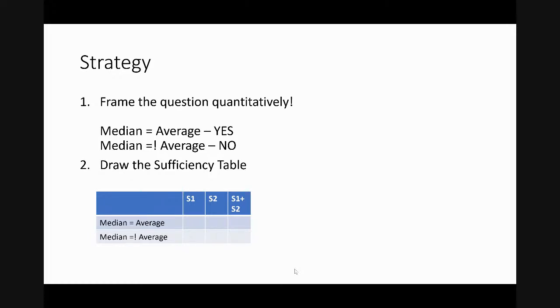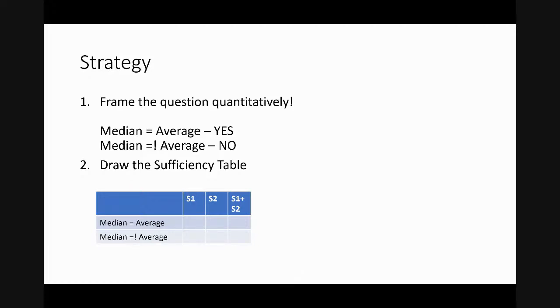So what do I mean by the sufficiency table? As you can see in the left column, I have the two conditions written down in row 2 and row 3, which is the median equals average and the median does not equal average. And then on the right hand side, I have statement 1, statement 2, and statement 1 combined with statement 2. And I will try to see whether I can prove or disprove these statements, right?